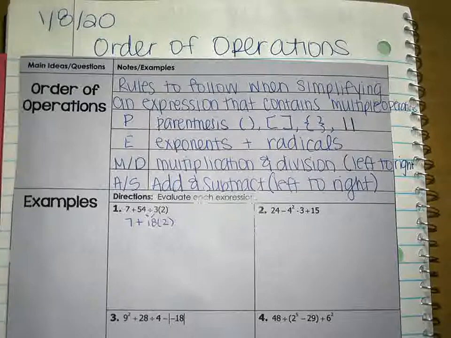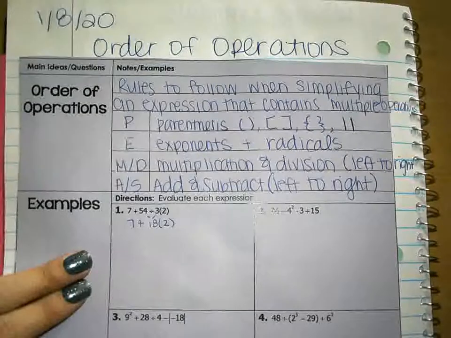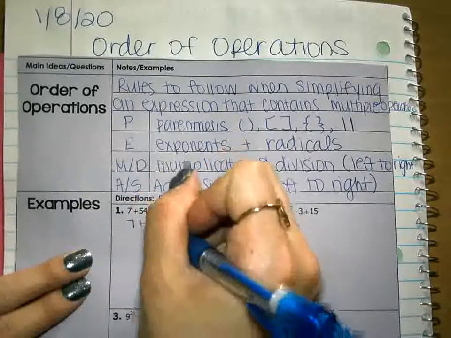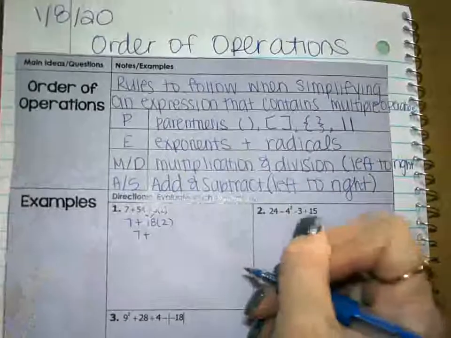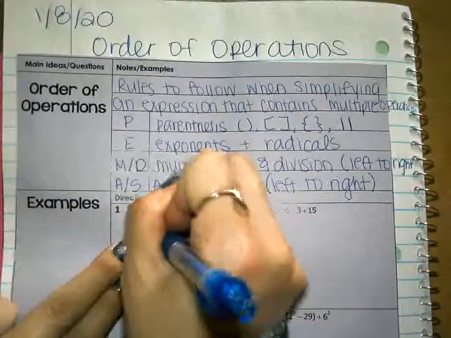So what do I do now? 18 times 2. Everyone do 18 times 2. What is 18 times 2, everyone? 36. So now I bring down my 7 plus because I did not touch that at all.